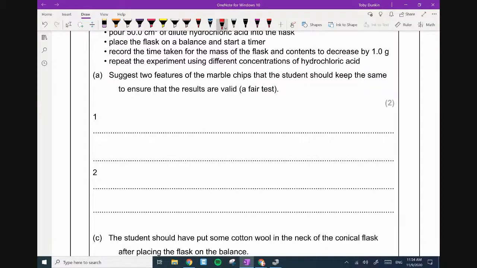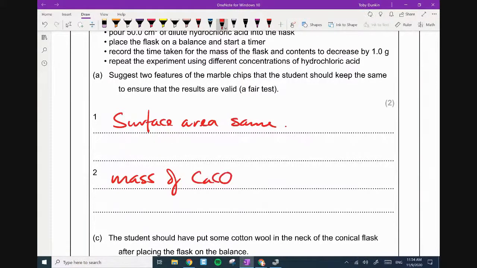You could have big chips and small chips. So you had to say the surface area is the same, and you had to keep the mass of calcium carbonate chips the same.